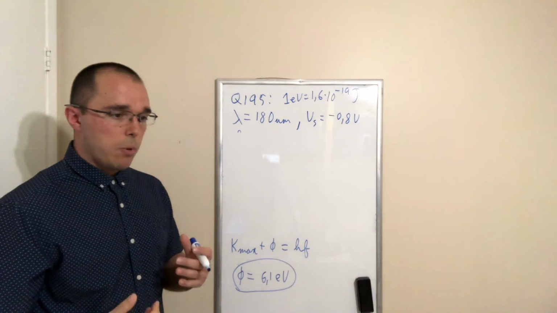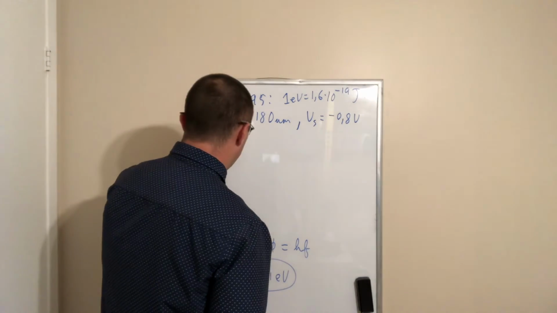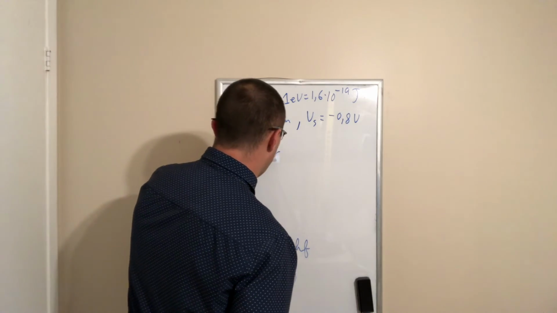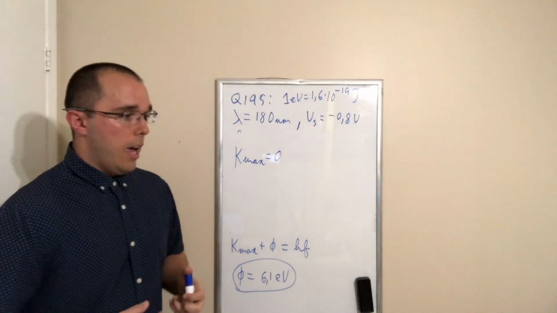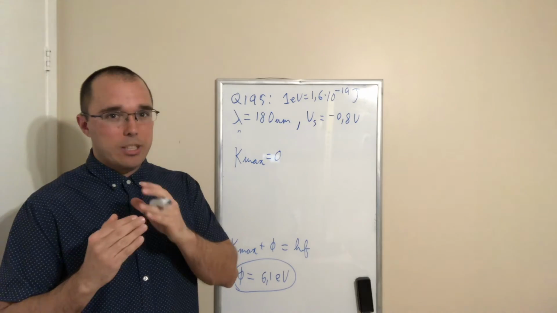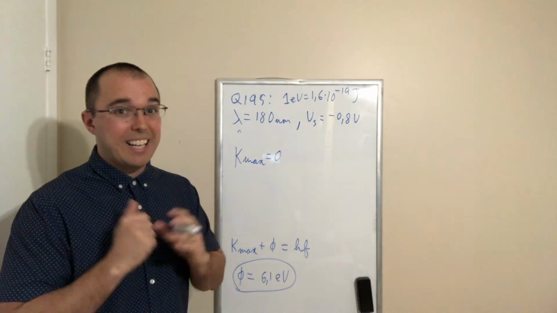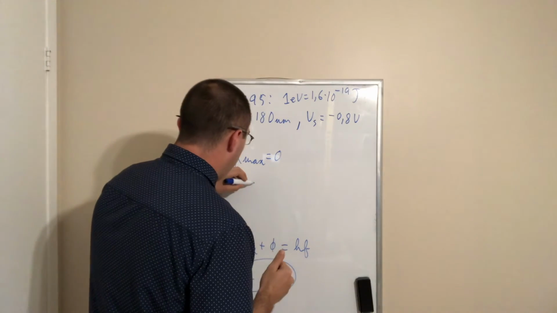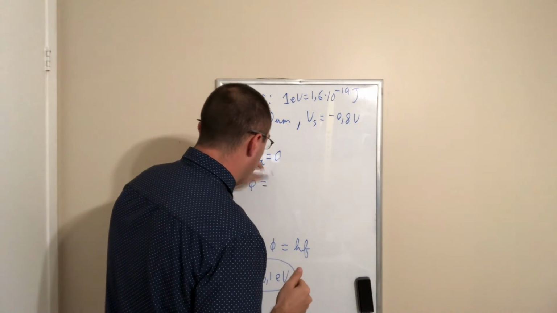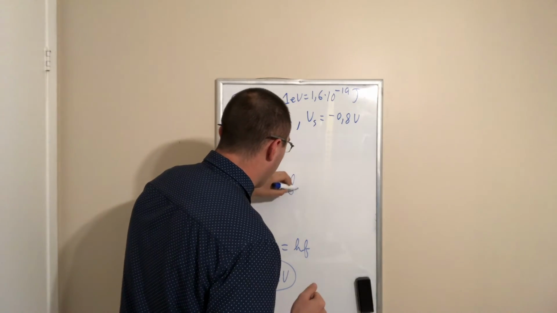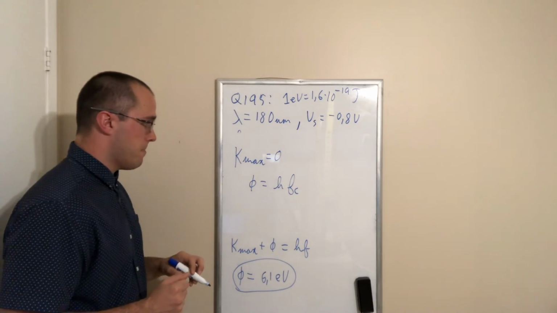So the cutoff frequency happens when K max, or the maximum kinetic energy, is equal to 0. In other words, the photoelectron barely leaves the metal, they have no energy remaining for the kinetic energy. So that means the work function has to be equal to h, Planck constant, multiplied by the cutoff frequency.